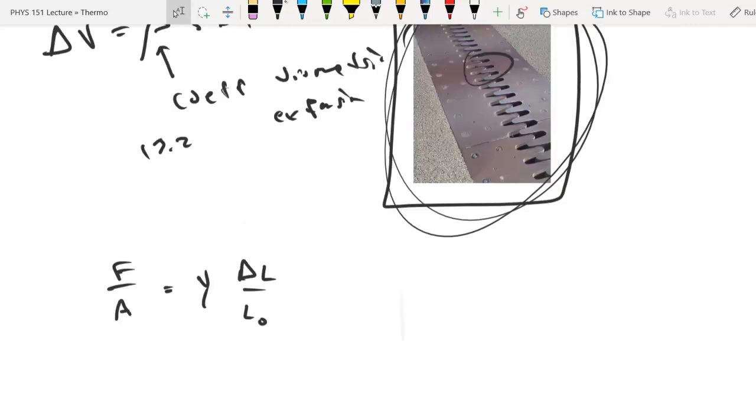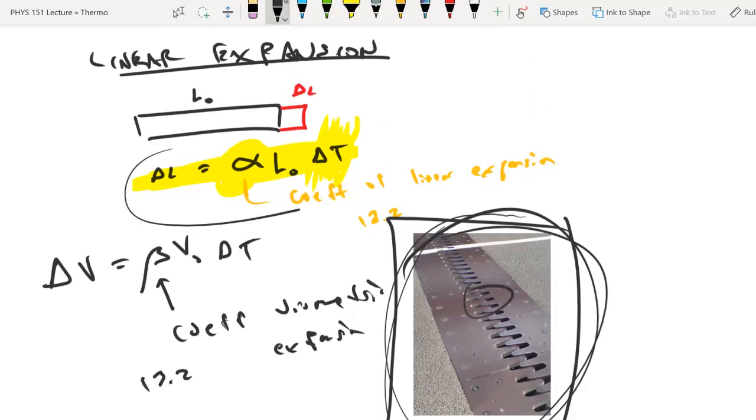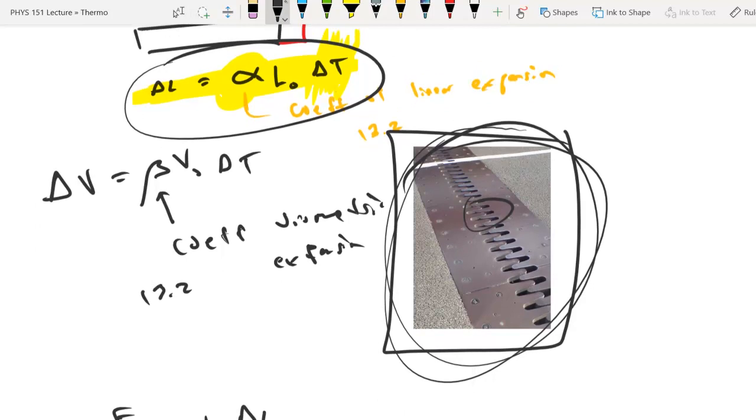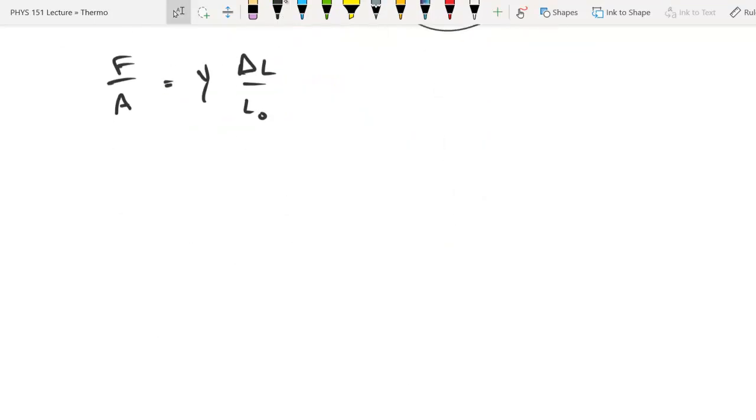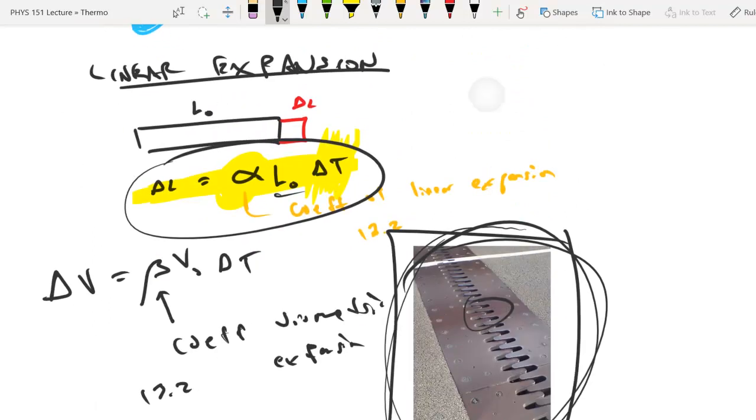Actually, let's go back to the linear expansion. Delta L equals alpha L naught delta T. Let's get delta L over L naught. So we can say here delta L over L naught is equal to alpha delta T, right? This is just dividing both sides by L naught, right?